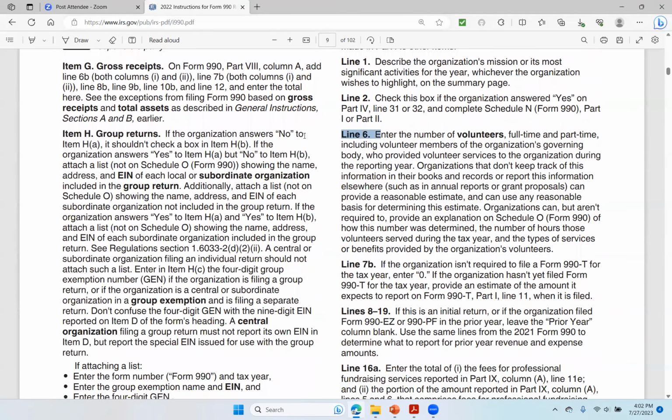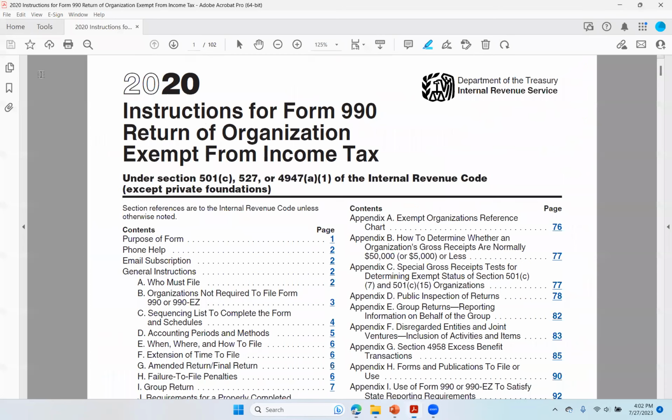Now I have found the instructions for 2020. If you want to know exactly the instructions that they should have used in 2020, well, I found that one. And you can find it too on the irs.gov website by just asking or searching for archived Form 990s.